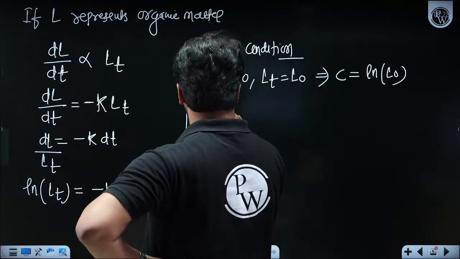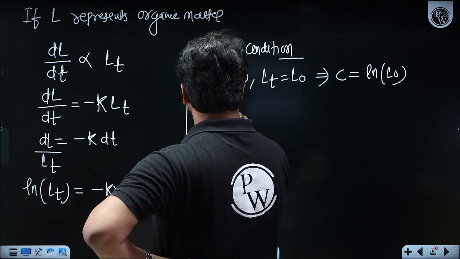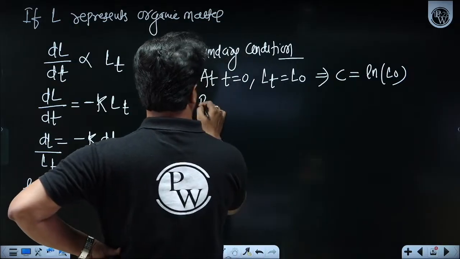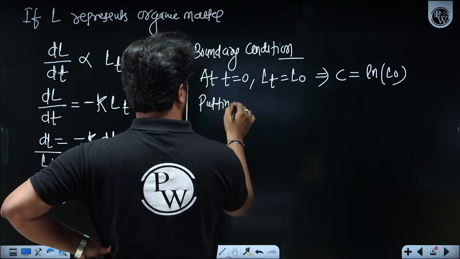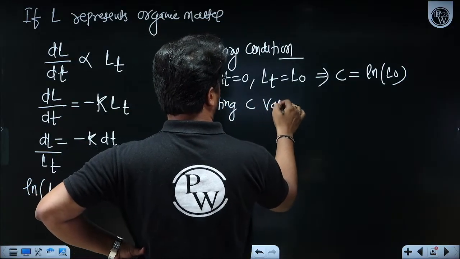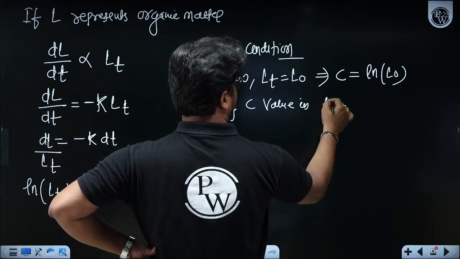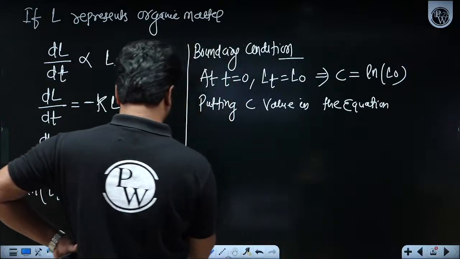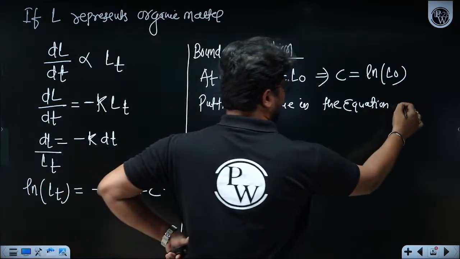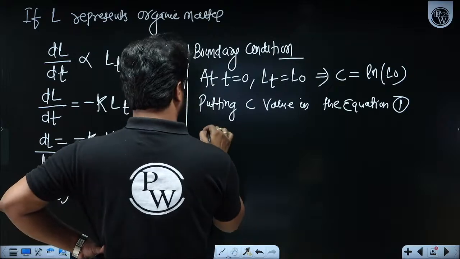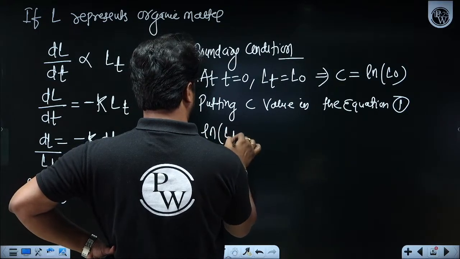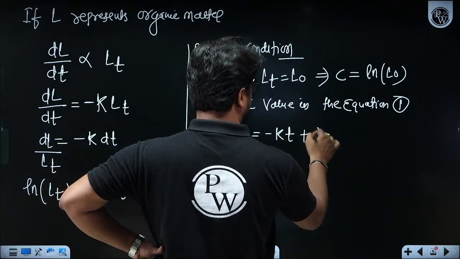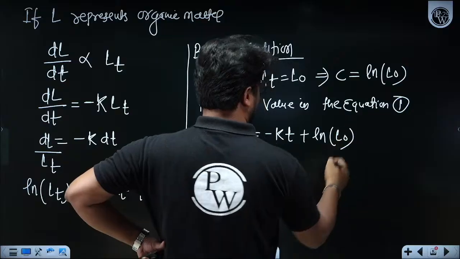Let us put this C value in the equation, taking this as equation 1. So equation 1 will become ln Lt is equal to minus K into t plus ln L0.